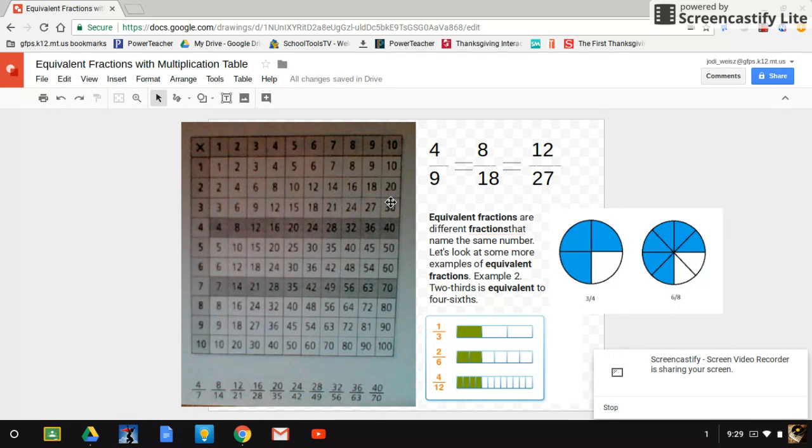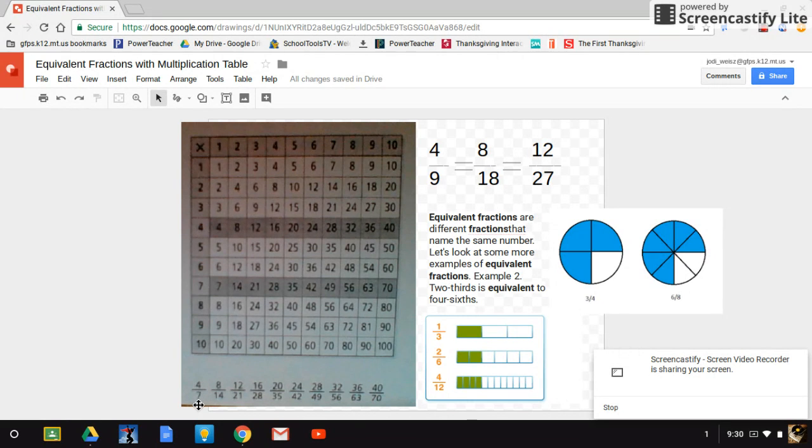We are looking at the multiplication table today. And notice down here they gave you some examples. So they said 4/7. So that way I know I'm starting with the row that has the 4 starting on it and the row that has the 7 starting on it. Next, they multiplied the denominator and the numerator by 2.